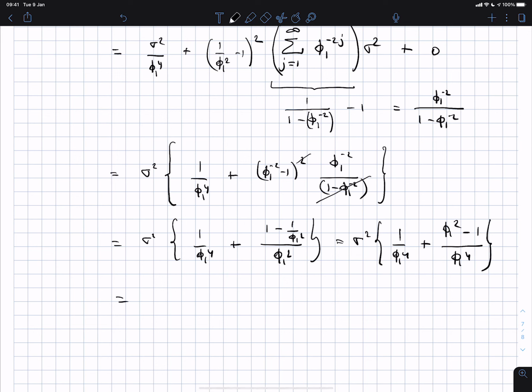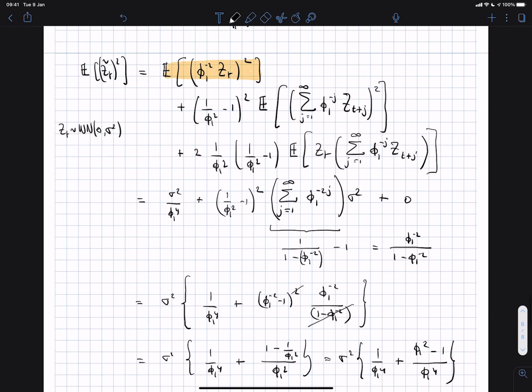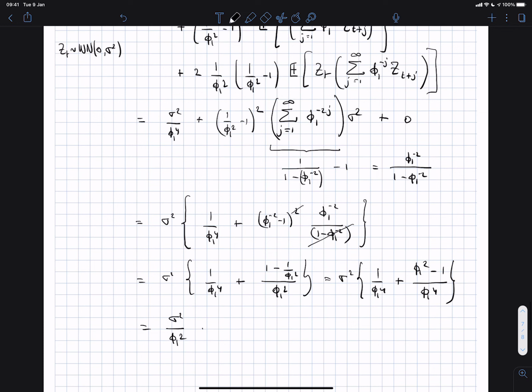Okay, and then I'm left with sigma squared over phi 1 squared. Okay, that was long. You see the idea? Clara, did you not have troubles with your limits if you kept the limits explicitly?